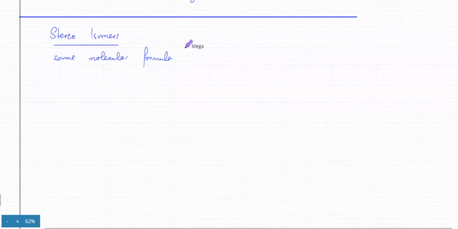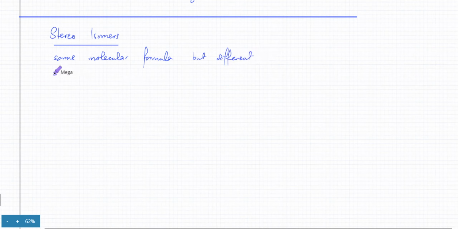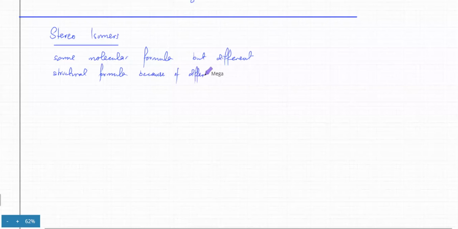They have the same molecular formula, but different structural formula. Well, the structure is different. Why? Because of a different three-dimensional arrangement.